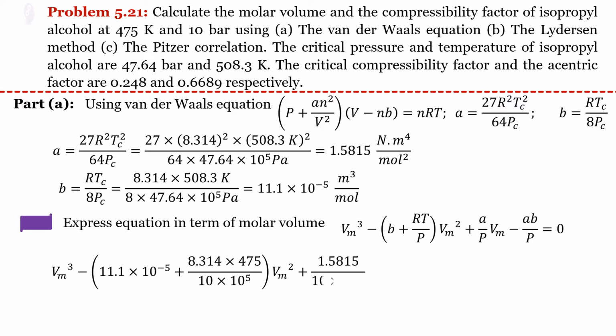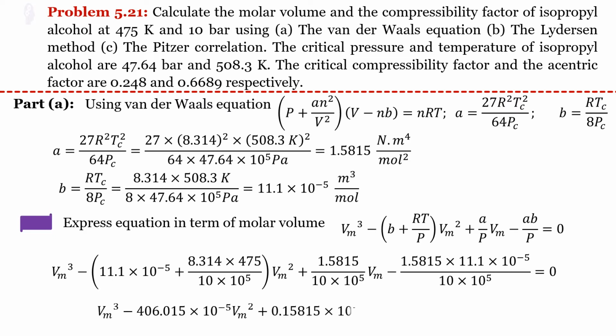After putting all values, we get this equation. Further simplification gives this equation. Now we will take the help of a website to solve this equation and we will get three roots. Out of the three roots we take the real root, which gives the value of molar volume.